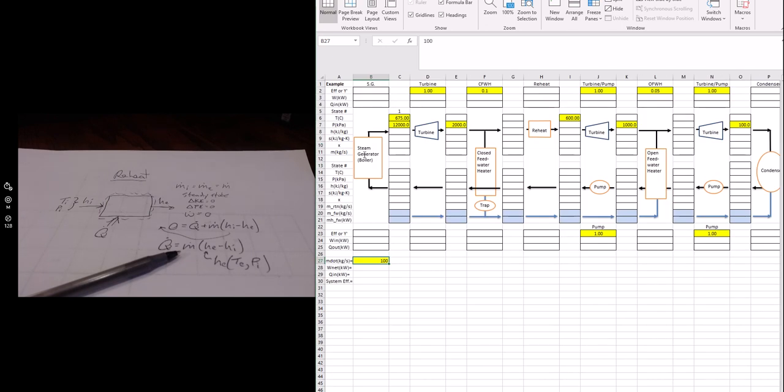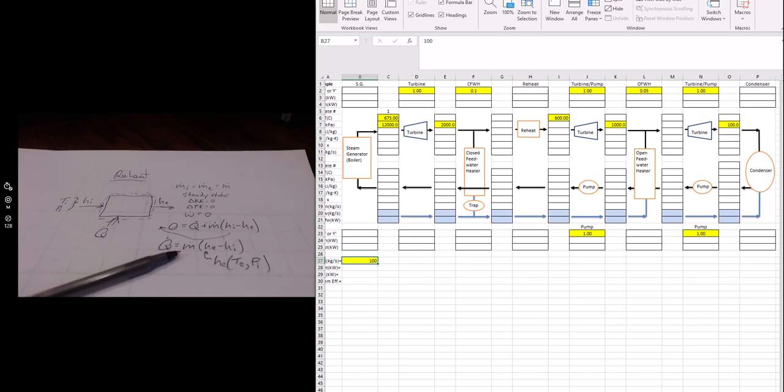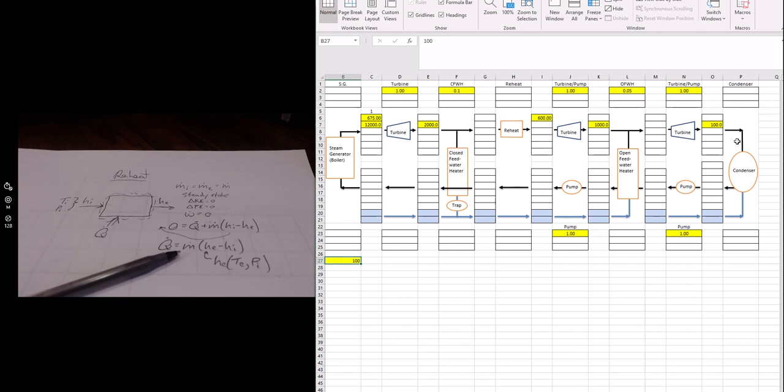Now, the steam boiler is almost exactly the same, just one inlet, one exit, and Q in. The condenser is similar, but we have two inlets, one exit, and heat transfer. So the only difference is, like a reheat, except we have two inlets, or like a steam generator and we have two inlets. So it'd be just like the reheat, except over here we have another m dot delta H coming in.